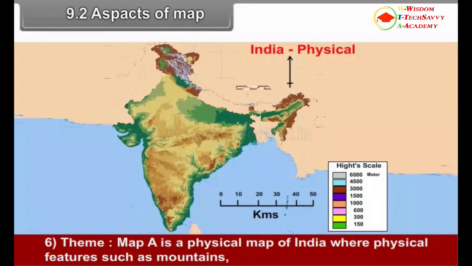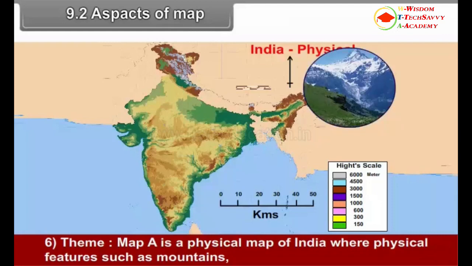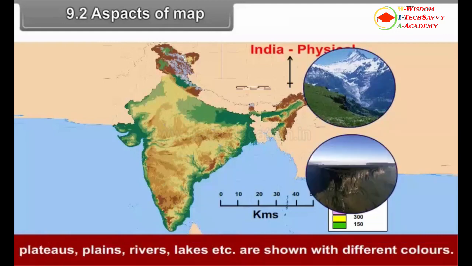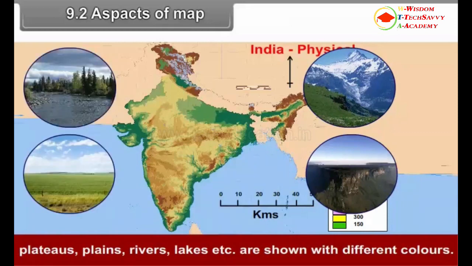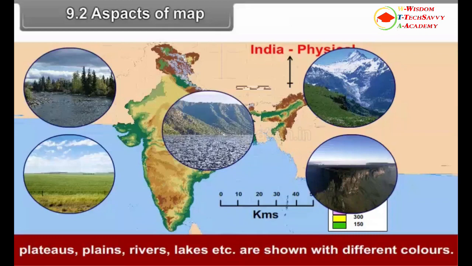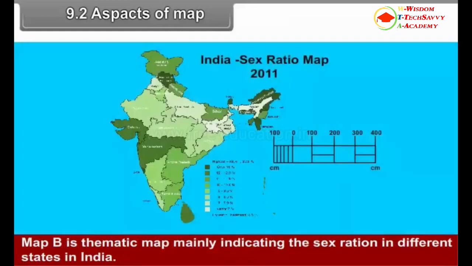Map A is a physical map of India where physical features such as mountains, plateaus, plains, rivers, lakes, etc. are shown with different colors. Map B is a thematic map mainly indicating the sex ratio in different states in India.